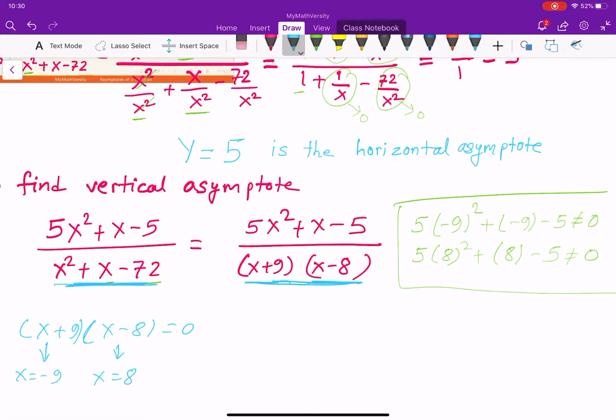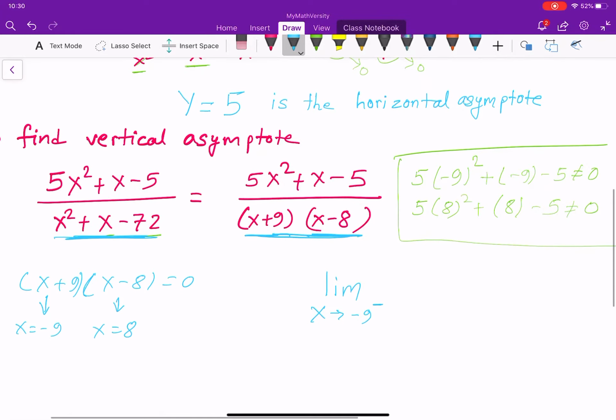To check that, you could literally see what the limit of this given function is. When x gets closer and closer to, let's say, negative 9, you can try the left side limit of this function and the right side limit of this function. So let's say this is the given function f(x).